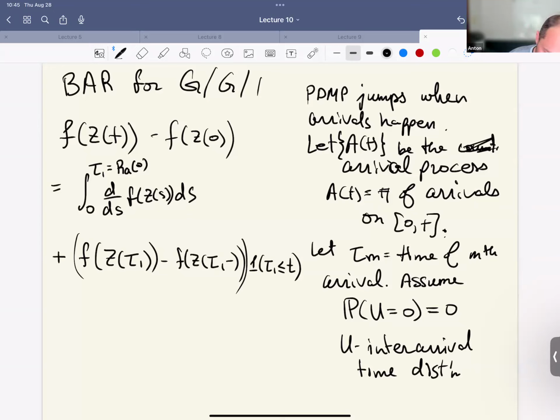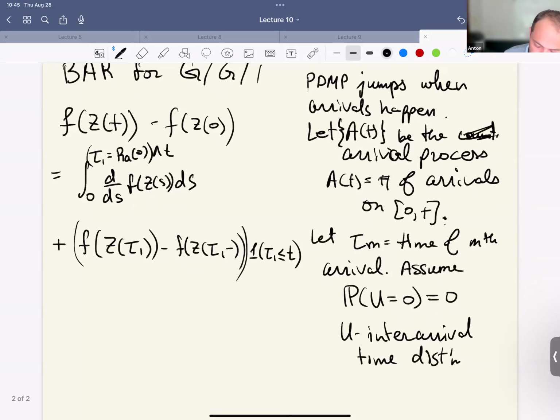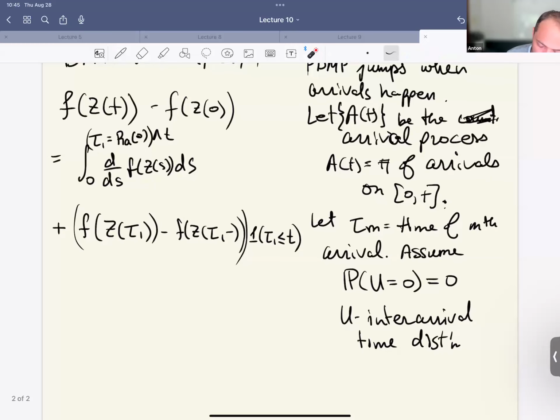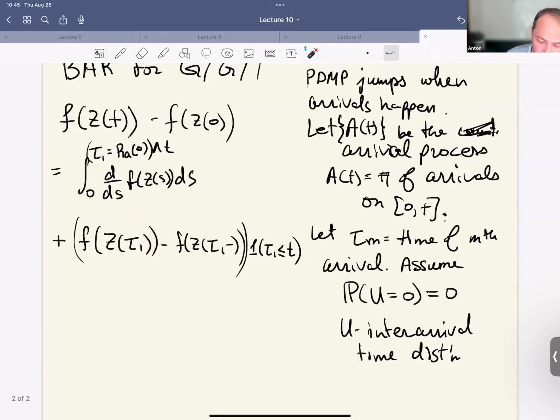And here I would technically need to add the truncation by time t. Then at time tau 1, I do this again: from time tau 1 until the second jump, and of course I should truncate at the minimum with t, I do d by ds of f of z of s, ds, and then the jump again.